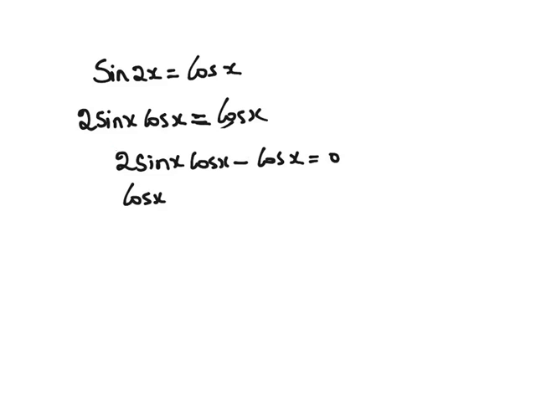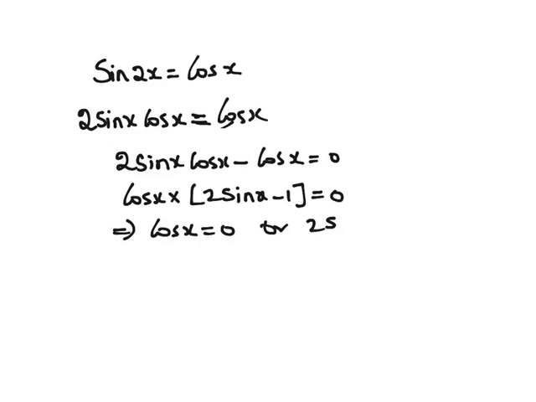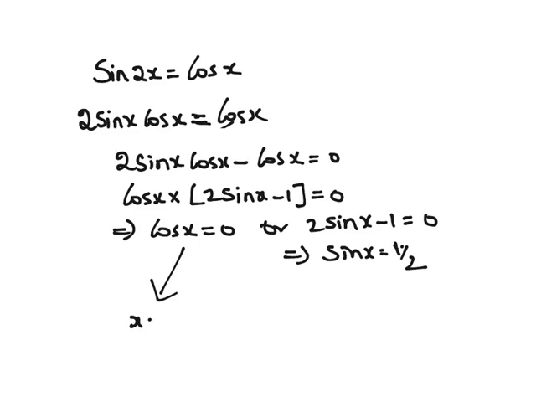So cos x into 2 sin x minus 1 equal to 0, which means cos x equal to 0 according to the zero product rule. Either cos x is 0 or 2 sin x minus 1 equal to 0, which means sin x equal to half, right? So cos x equal to 0 means x can take the value of 90 degrees or it can take the value of 270 degrees.